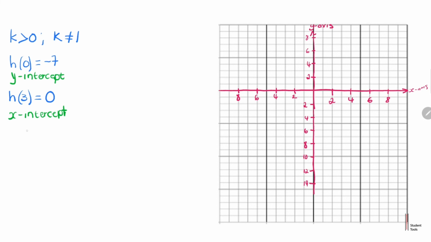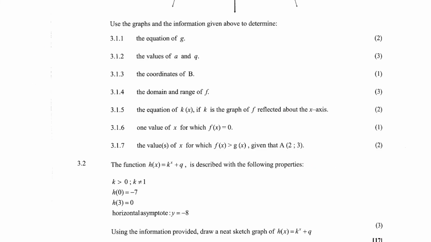And last but not least, we have a horizontal asymptote, which is at y equal to negative 8. We are given an instruction to sketch this graph using the information provided.